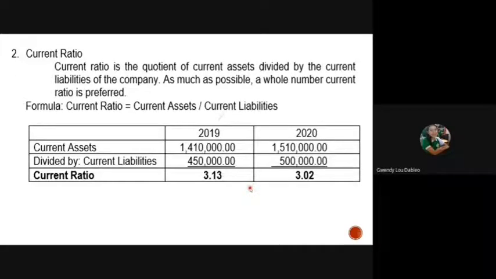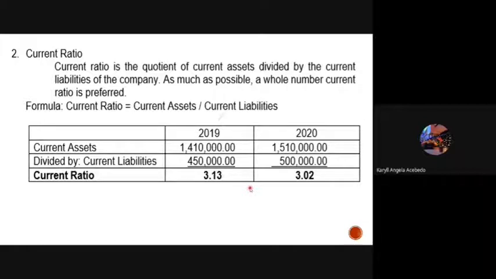Kindly read the definition of current ratio, Carol Angela. Yes, ma'am. Current ratio is the quotient of current assets divided by the current liabilities of the company. As much as possible, a whole number current ratio is preferred.